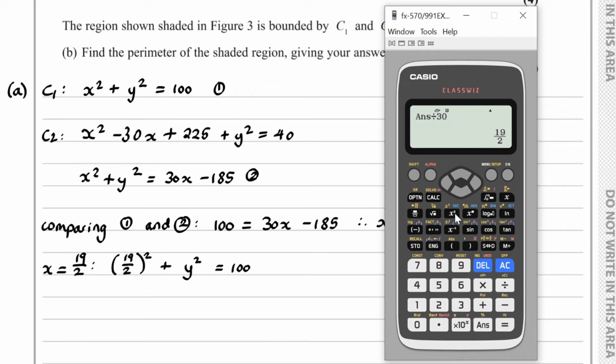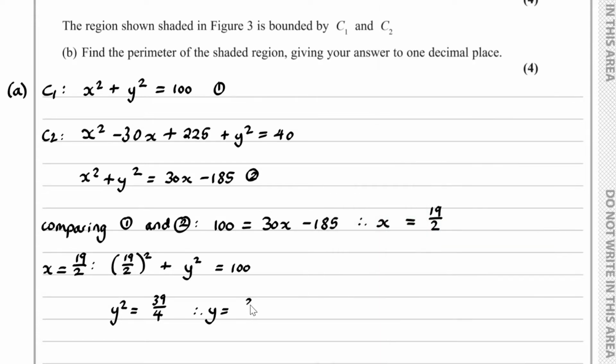If I square this and then take 100 minus this, y squared is equal to 39 over 4. Therefore y is equal to the square root of this, which is root 39 over 2. Don't forget, when we square root we have plus minus.